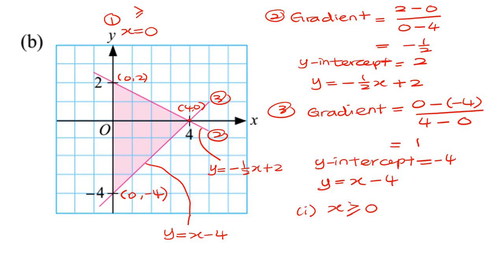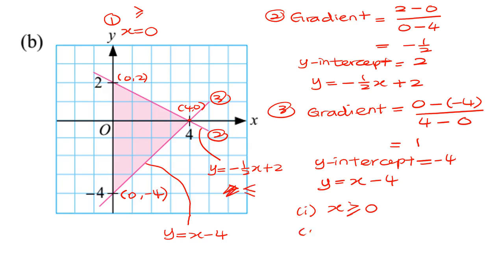Okay, second line, y is equal to negative 1 over 2x plus 2. The line is drawn using a solid line, and the shaded region is below, so we use less than or equal to.